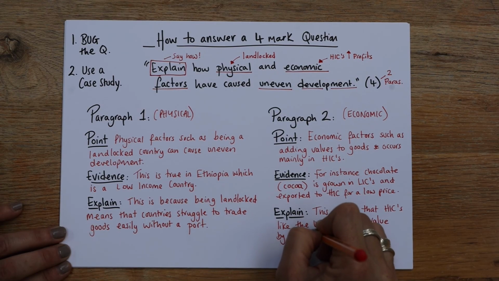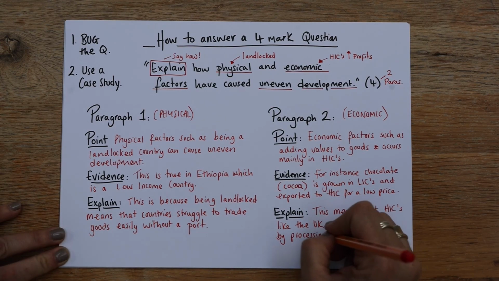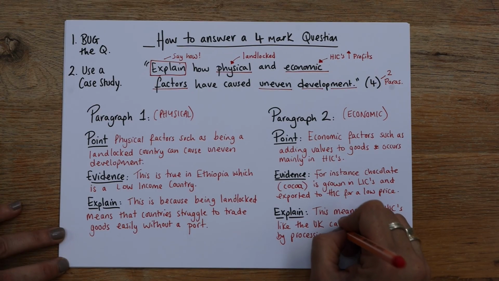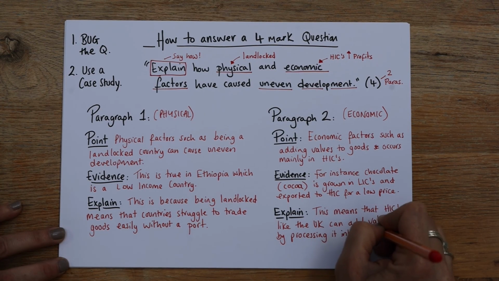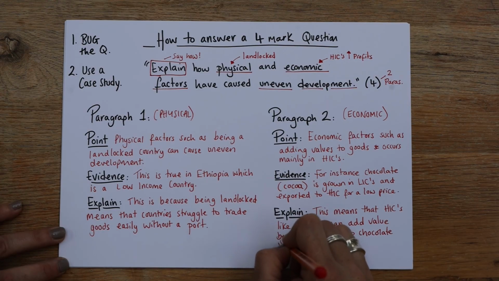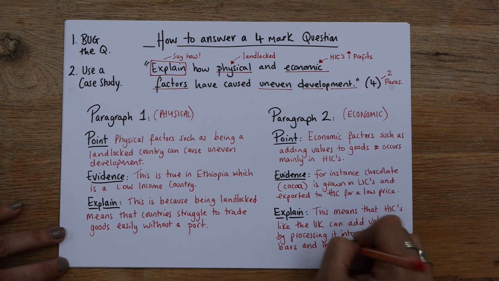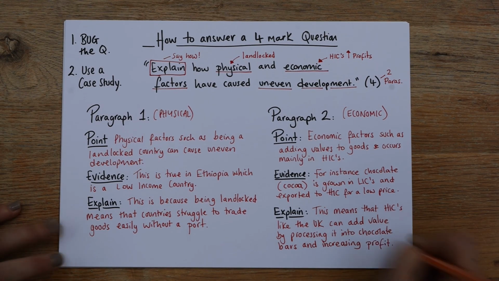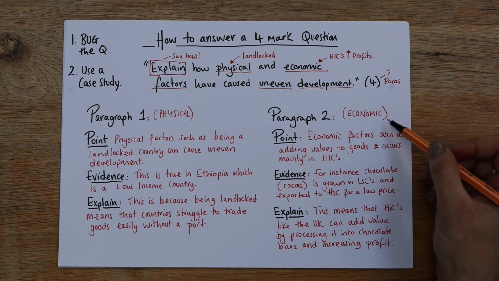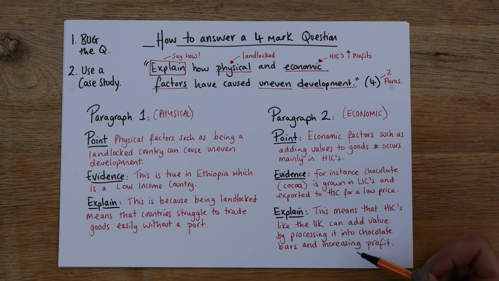Okay, that means turning the cocoa into chocolate, processing it into chocolate bars, and increasing profit. Okay, so it's an economic factor that is constantly, it's sort of trapping them as growers, trapping their profits, not allowing them to make the kind of money that high income countries are making from their goods, you know, that they've bought, those raw materials.